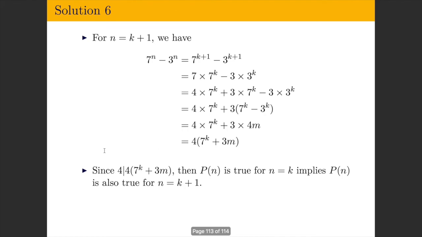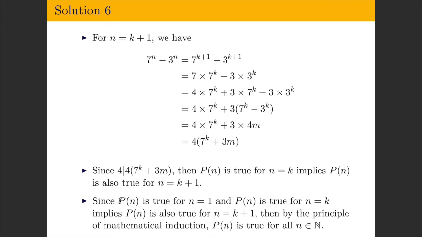And so we can now write that, because it's written as 4 times some number, we've definitely got that 4 goes into 4 times some number. Therefore we've shown that if P(n) is true for n equals k, that was our assumption of 4m, this implies P(n) is also true for n equals k plus 1.